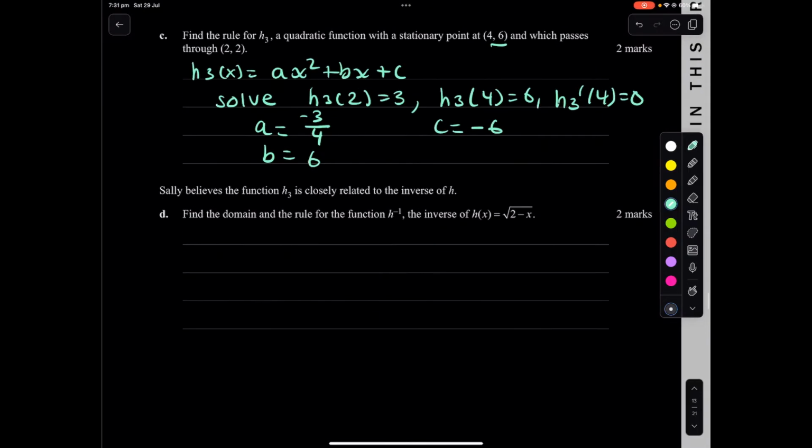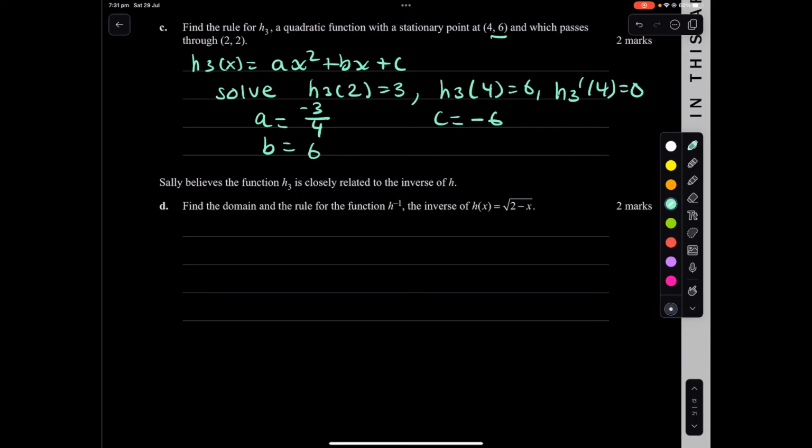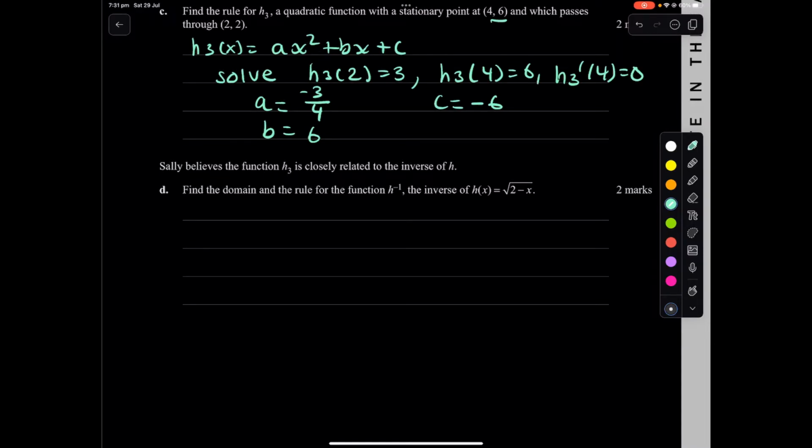All right. Sally believes that the function h3 is closely related to the inverse of h. Find the domain and the rule of the function h inverse, the inverse of h of x.